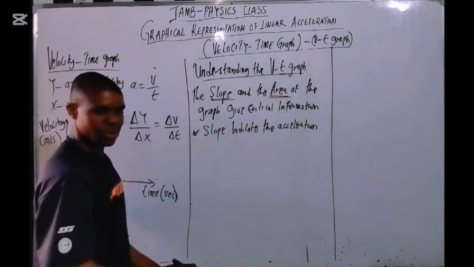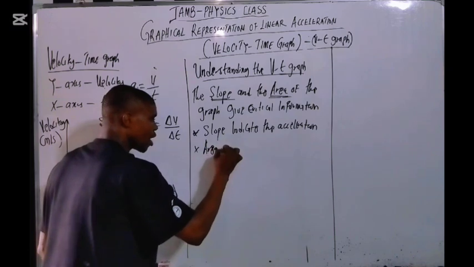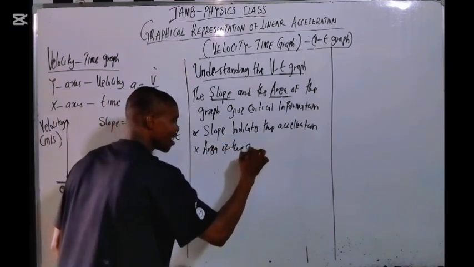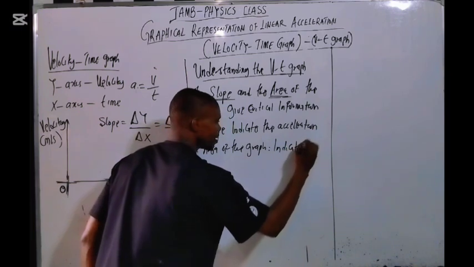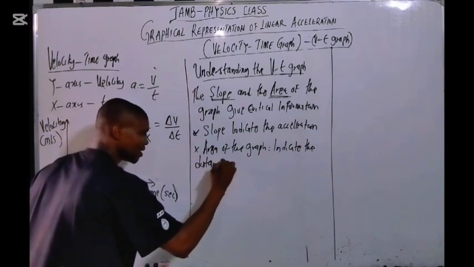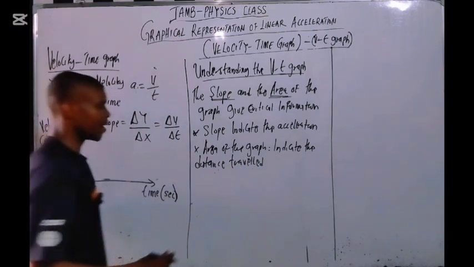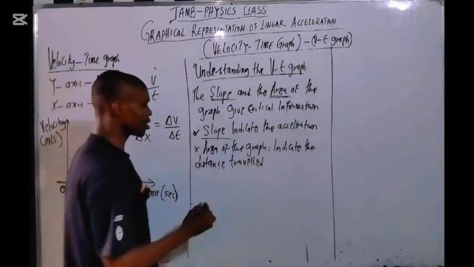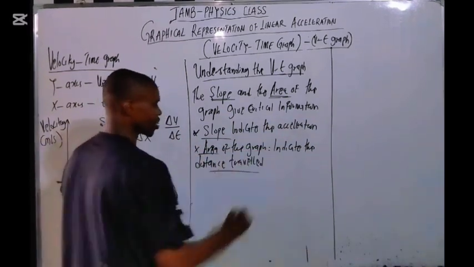What about the area? The area of the graph indicates the distance traveled. So slope is the acceleration, and area is the distance traveled.